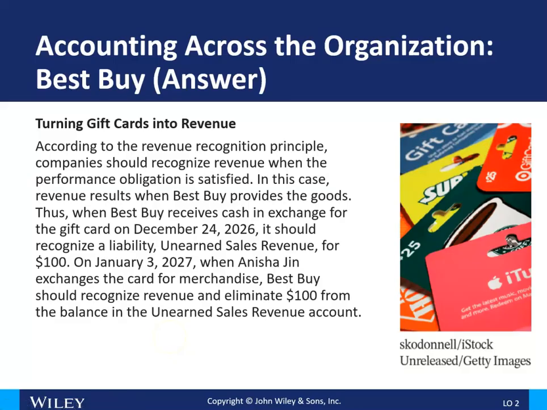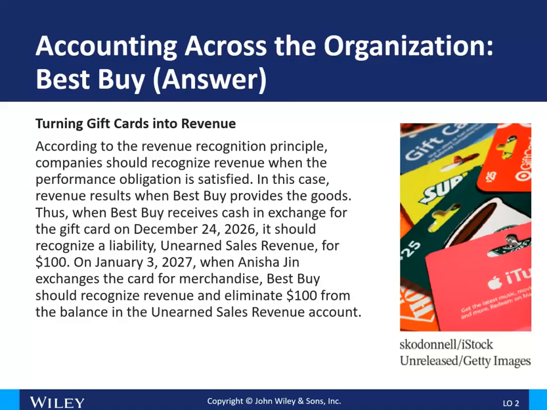The other thing that I think about when trying to determine how we record this is that Best Buy is in the business of selling electronics and appliances, software, printers, that type of thing. They're not in the business of selling gift cards. If they were in the business of selling gift cards, that would be their performance obligation, to sell a gift card.